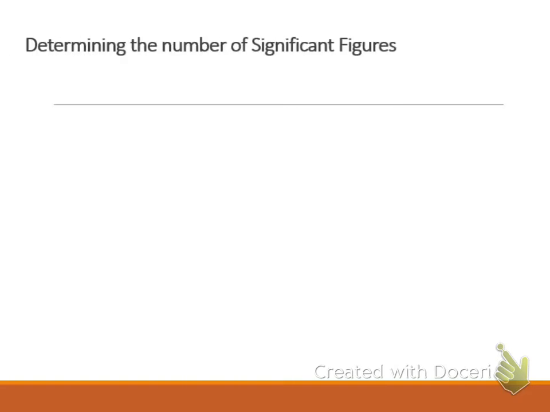Okay. So that brings us to determining the number of significant figures in a number. Okay? So first thing is all non-zero integers will always be counted as significant. Okay? 1, 2, 3, 4, 5, 6, 7, 8, 9, always a significant number. The problem is your zeros, because sometimes we use zeros as placeholders.